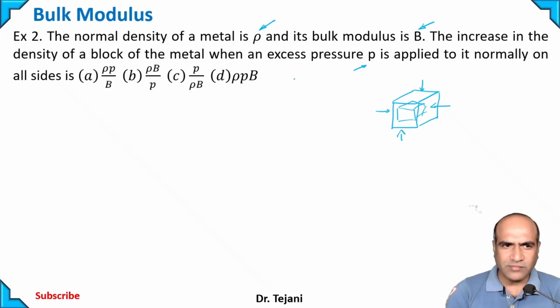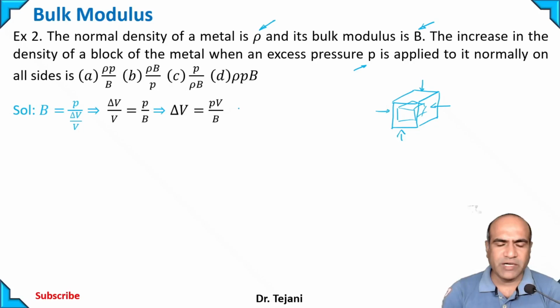Four options are given: rho P by B, rho B by P, and so on. We need to derive the equation ultimately, nothing else.